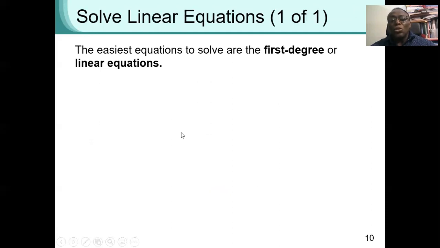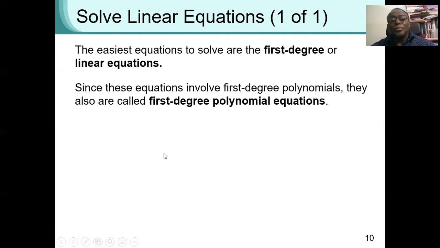The easiest equations to solve are the first degree or linear equations. A first degree or linear equation means the variable exponent is 1. We may come to quadratic equations, where the highest exponent of the variable is 2, then cubic, 3, etc. Since these equations involve first degree polynomials, they are called first degree polynomial equations.